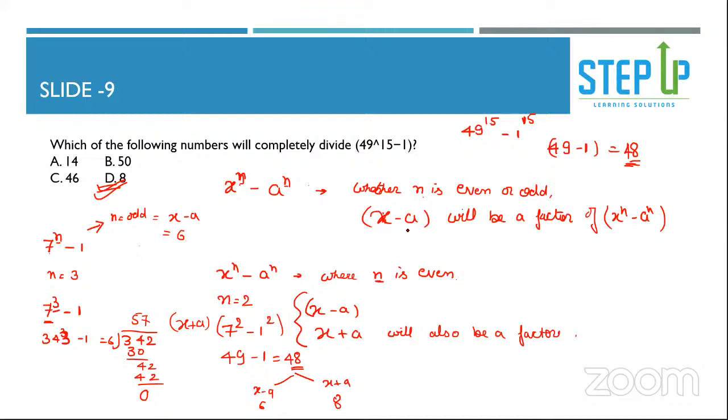Where n is odd, x minus a 100%. This is one of the direct concepts. If it's clear, wonderful, or else go back to it once. Write down: if n is odd in x to the power n minus a to the power n, x minus a is a factor. If n is even, x minus a and x plus a both are factors.